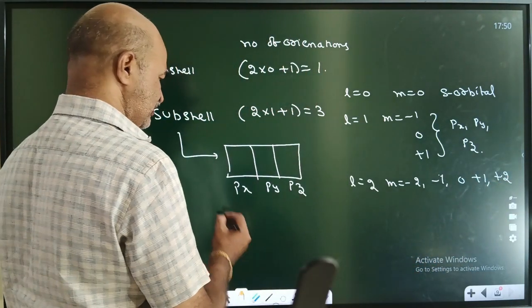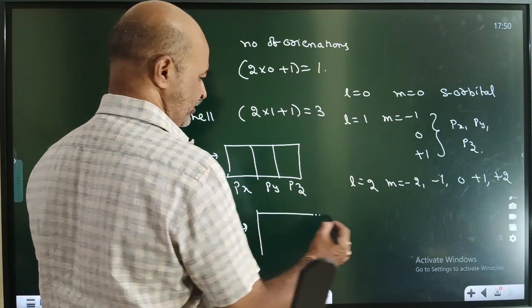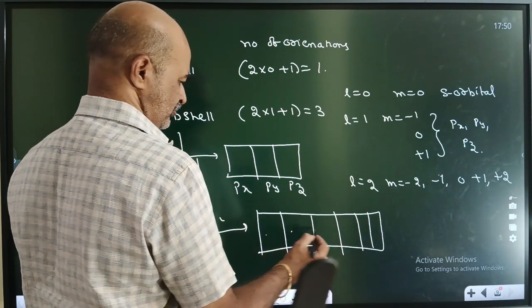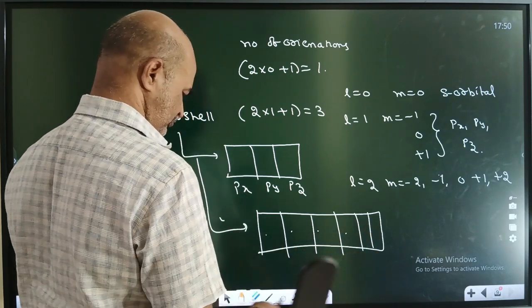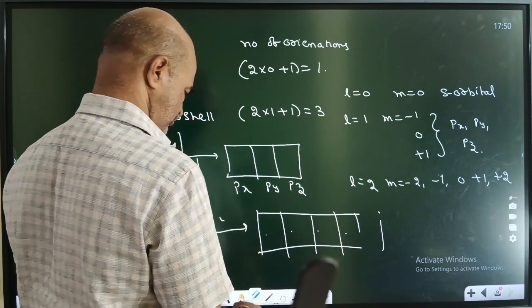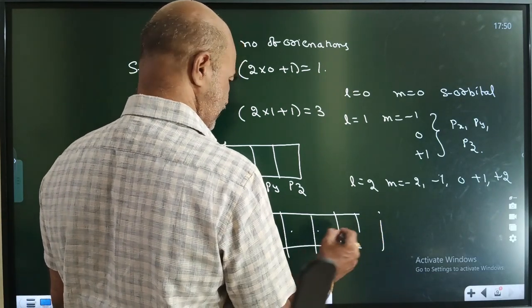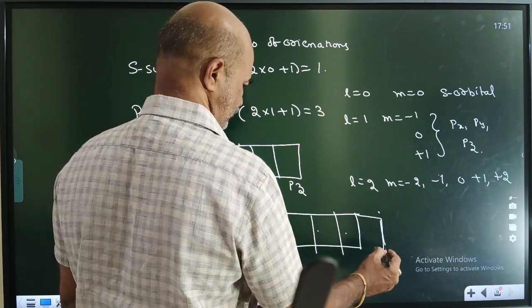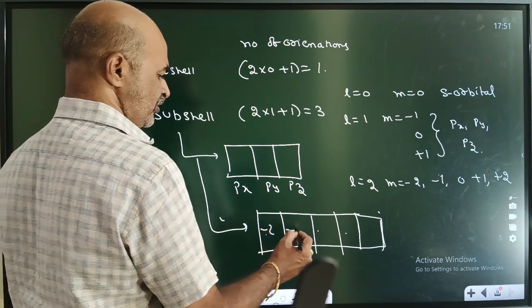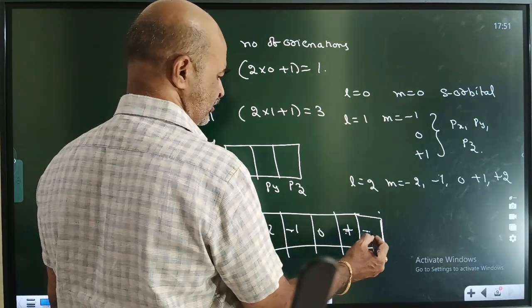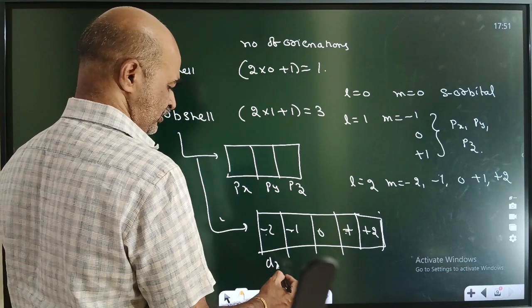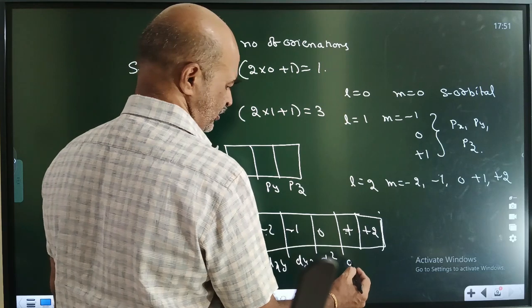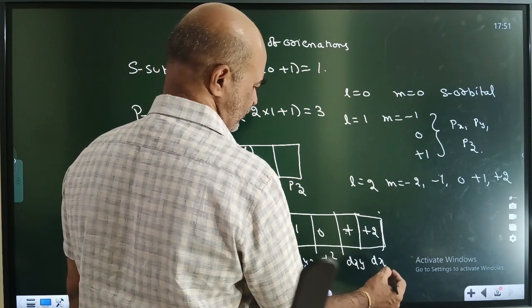There are 5 d orbitals: dxy, dyz, dz square, dxz, dx square minus y square.